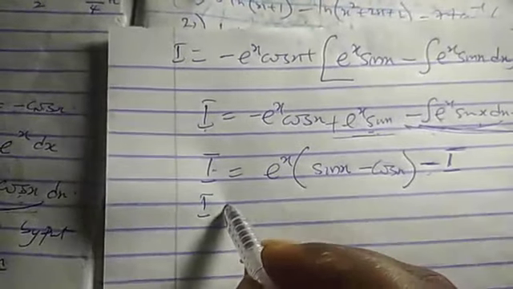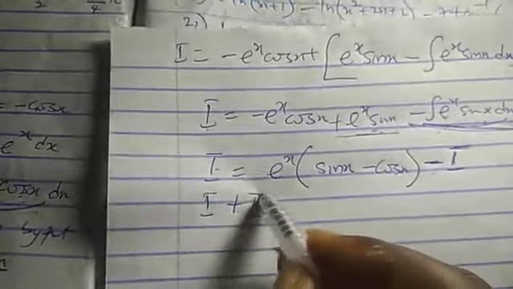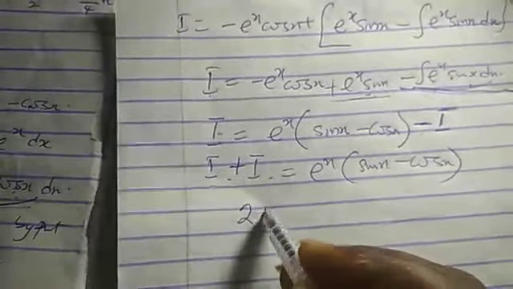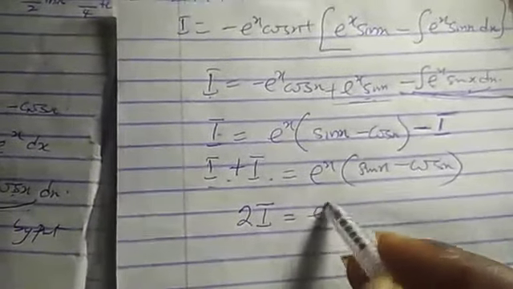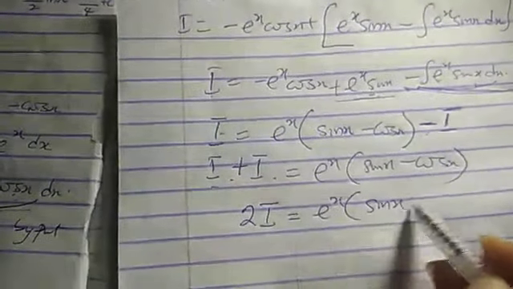When this minus I comes here, it will become plus I equal to exponential x into sin x minus cos x. I plus I will give me 2I equal to exponential x into sin x minus cos x.